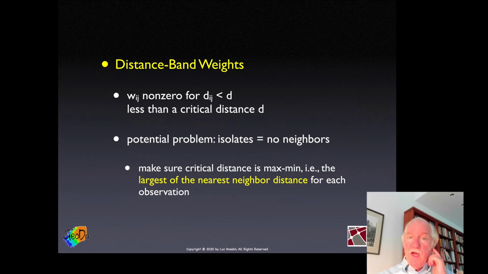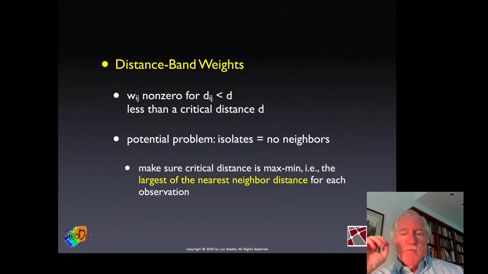And there's a problem with isolates in spatial analysis, because spatial analysis is about interaction. So if you don't interact, if you don't play, so to speak, then you can't be analyzed. So the way we deal with these isolates or these islands is, for spatial aspects of the analysis, we remove them. For the others, we can keep them. I'll get back to that in a minute.